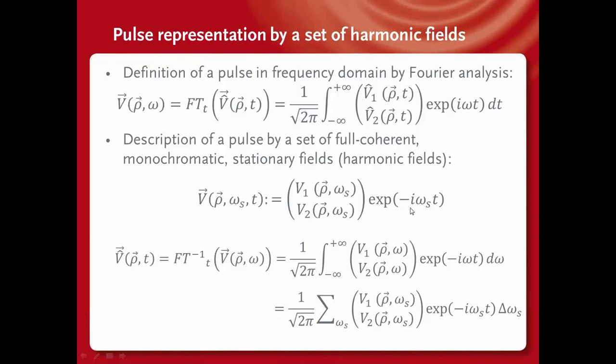So here, for example, you can see the definition of a single harmonic field. And if you now look here at the inverse Fourier transformation, then you directly see that if you plug this into the integral, you end up with a sum of fully coherent monochromatic fields, which you have to evaluate to get the pulse in the time domain.